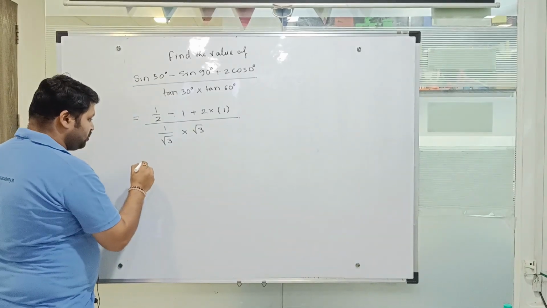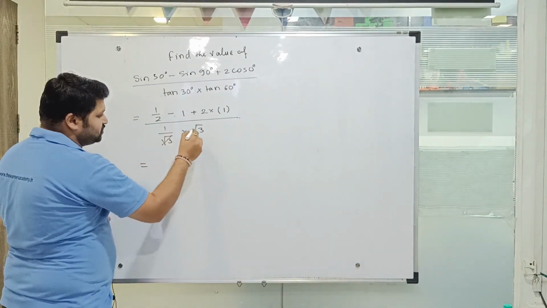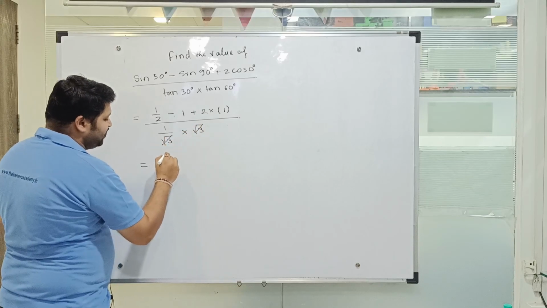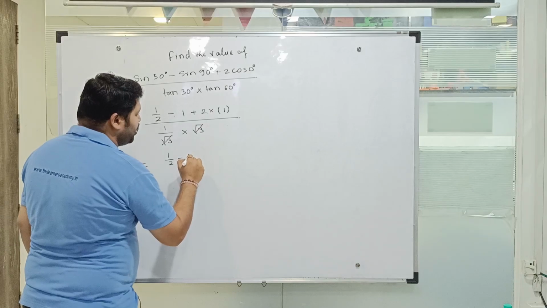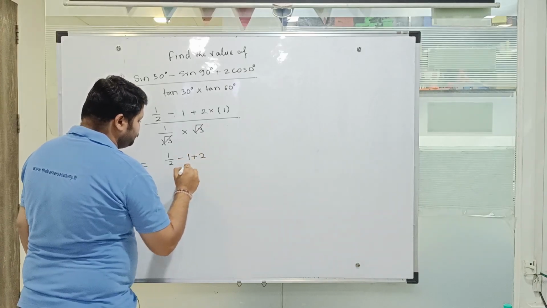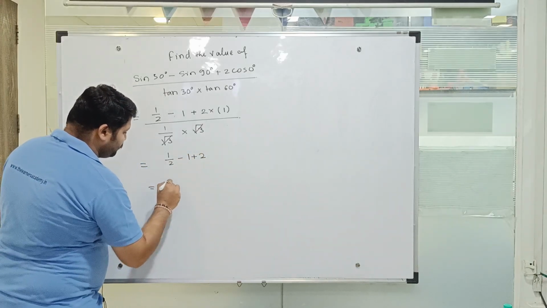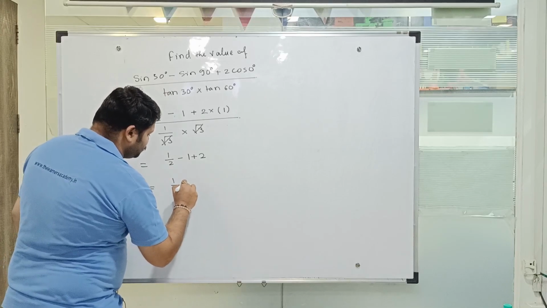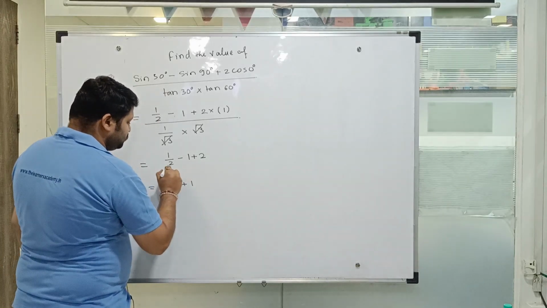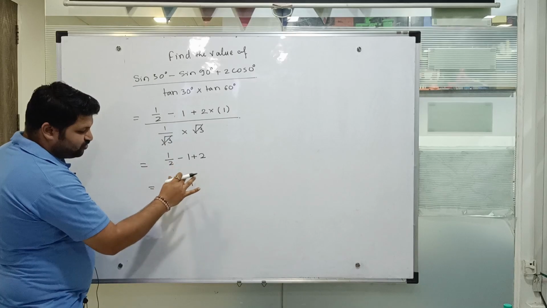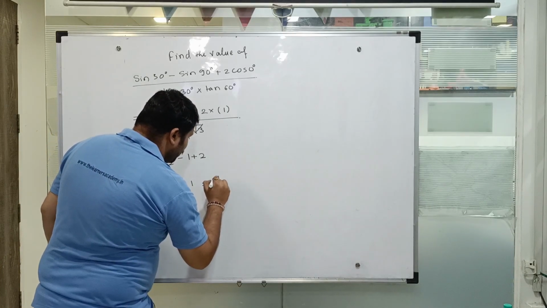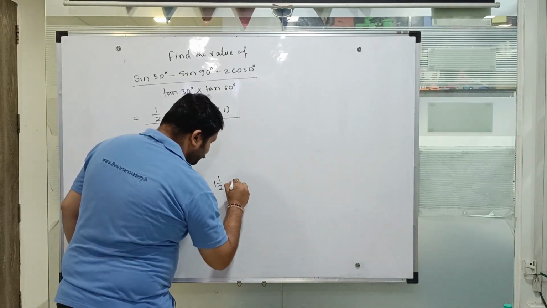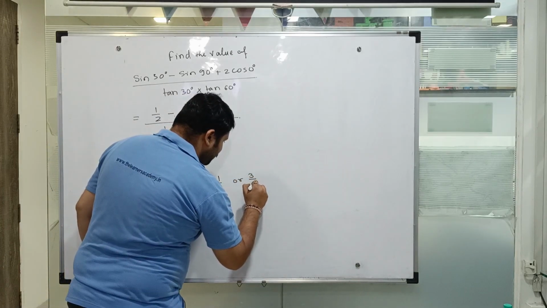And we get the final answer as this gets cancelled with this, and we have half minus 1 plus 2, giving us half plus 1. This whole thing gets divided by 1, so I have not written it down, which would be equal to 1.5 or 3 by 2.